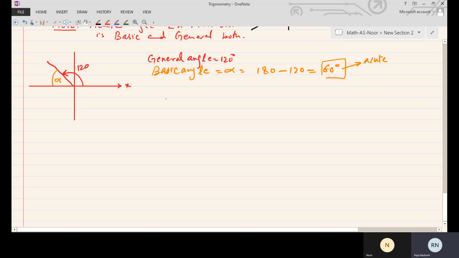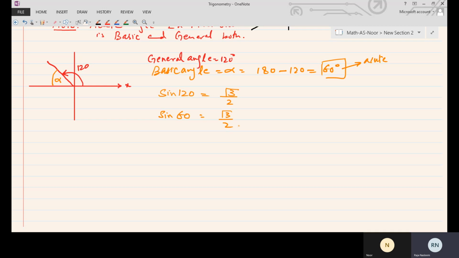What happens if you use both angles for trigonometrical ratios? If it is sine of 120, your calculator will give you root 3 over 2. But if you use the basic angle with the same ratio, you'll get the same answer: sine of 60 is root 3 over 2.